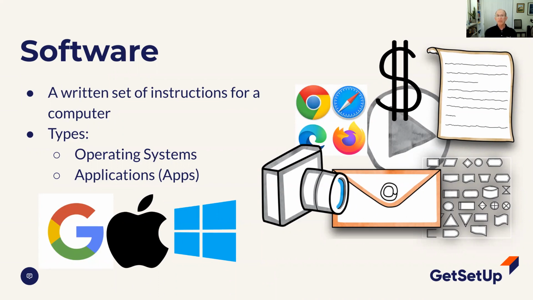Some operating systems include applications that are supplied by the company that made the operating system. So Windows includes a web browser. Macs do, Android does, iPhones do, because browsing the web is such a common day-to-day activity for why people buy computers that they give you one right out of the box.